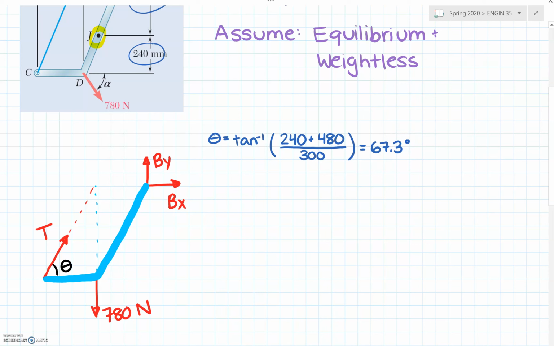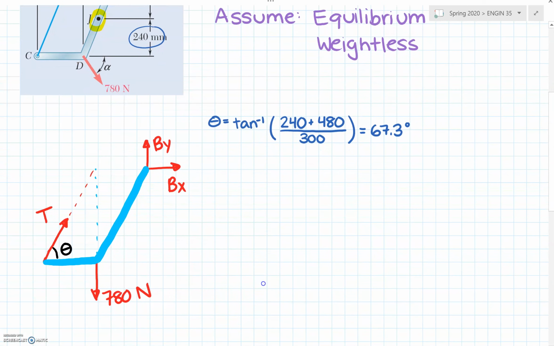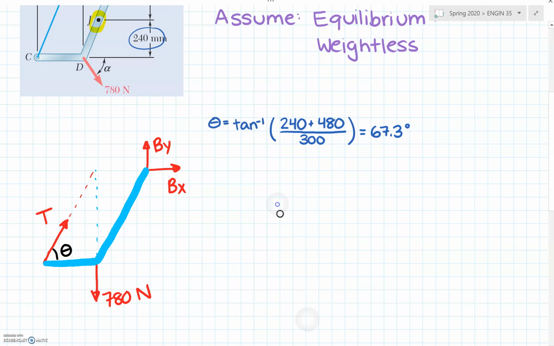Once I have that angle, I can write my three equilibrium equations for this free body diagram. If I sum the forces in the x direction, it's equal to 0, so I have Bx plus T cosine of 67.3.